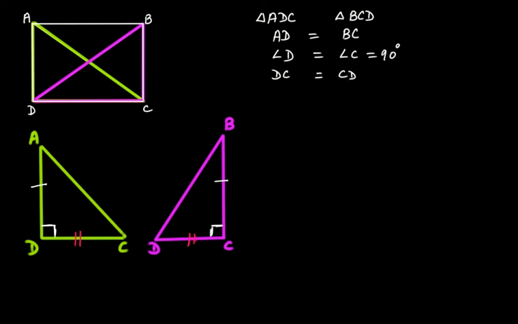Now we have two sides equal, then we have the angle equal, and then we have a side equal. Side, angle, side. From the SAS criterion, we can say that these two triangles are congruent.